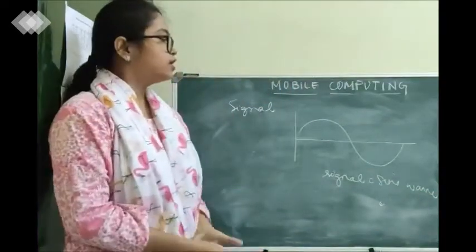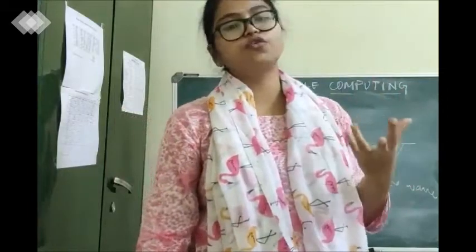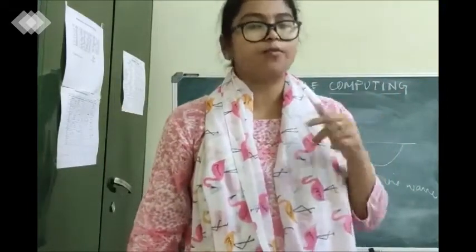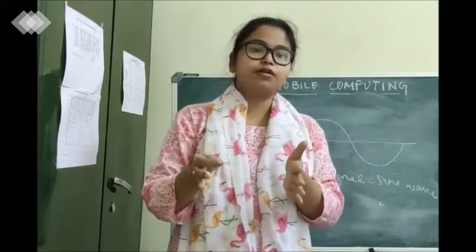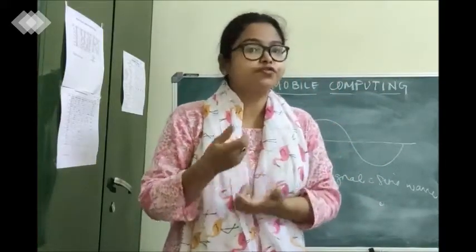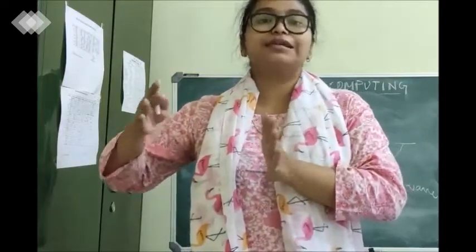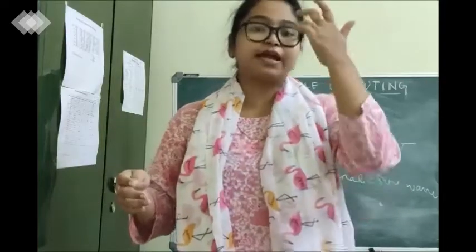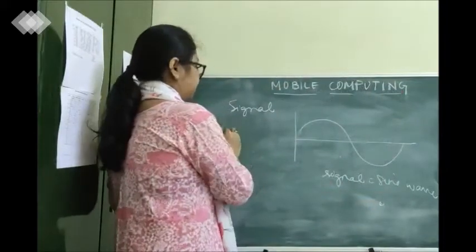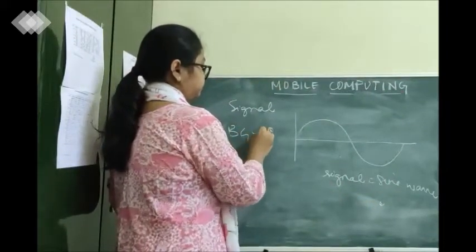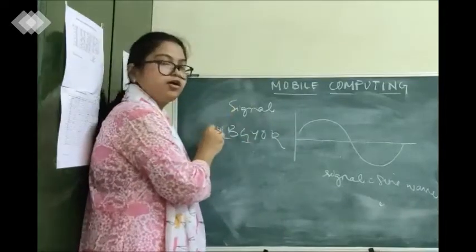Okay, so we have light as an electromagnetic wave. Okay, there are various components of light. Okay, in light, depending upon a property called frequency, light is divided into various types. Okay, there are various types of signal in light. Okay, so V, I, B, G, Y, O, R. So they vary in their color.